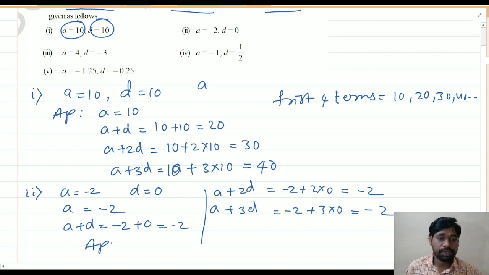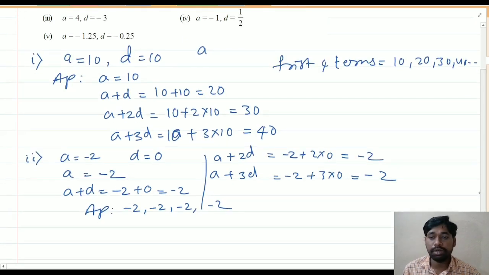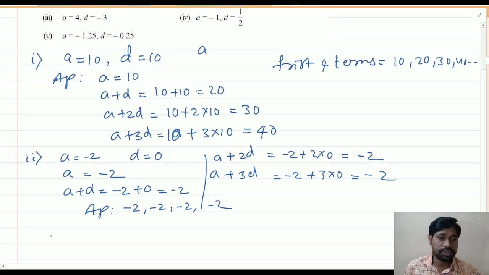So the AP is a terminating AP: minus 2, minus 2, minus 2, minus 2. If the common difference is 0, then the AP repeats the same terms without changing.